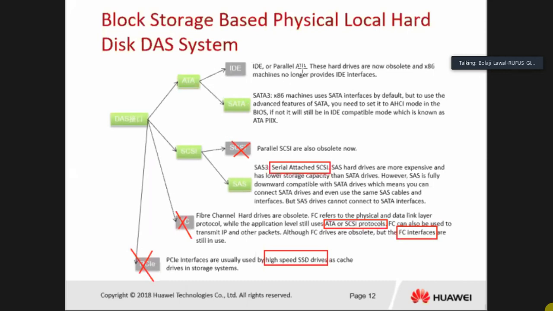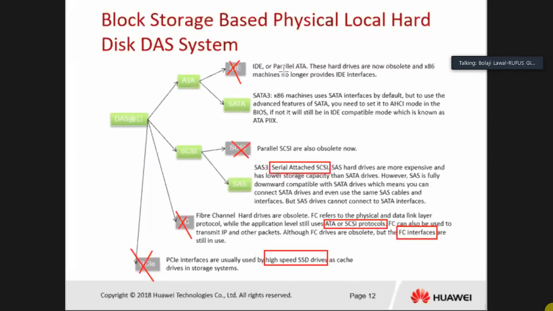Parallel ATA, or IDE, you can find in the first editions of Intel systems, such as Pentium 1, Pentium 2, Pentium 3 and Pentium 4 systems. It is no longer in use, so it is obsolete. IDE or parallel ATA hard drives are now obsolete, and x86 machines no longer provide an IDE interface.